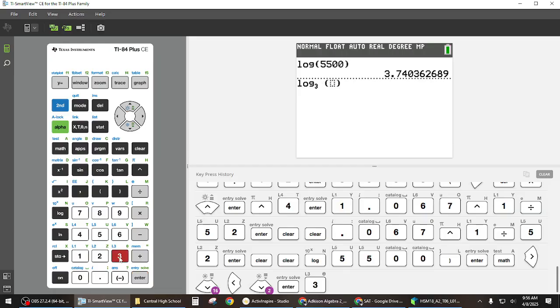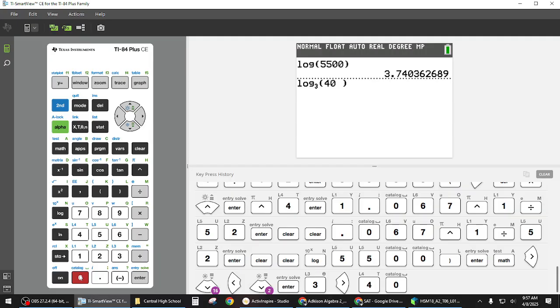Don't do it yet, please. I want you to estimate log base 3 of 40. So what power of 3 do you think would give 40? Like ballpark it before you punch it in. So 3 to the first is 3. 3 squared is 9. 3 to the third is what? 27. 3 to the fourth is 81.